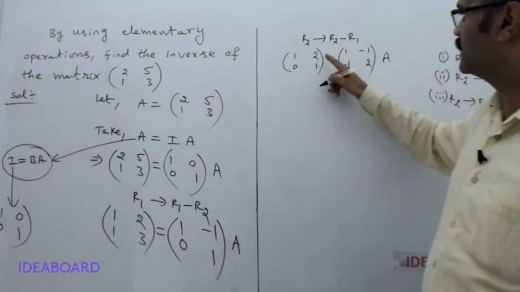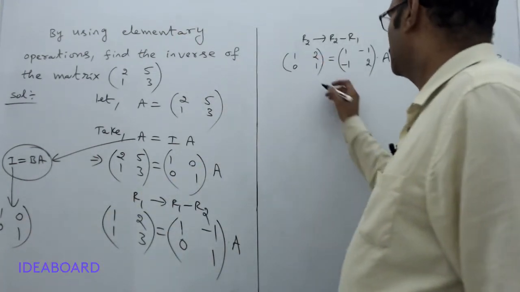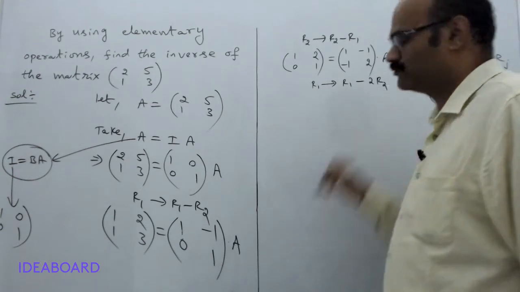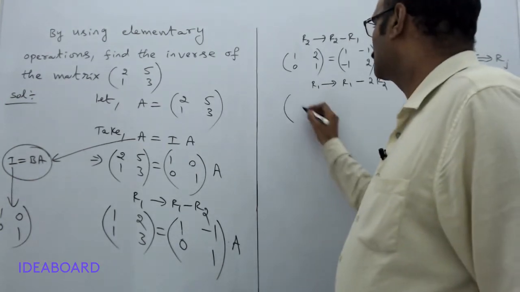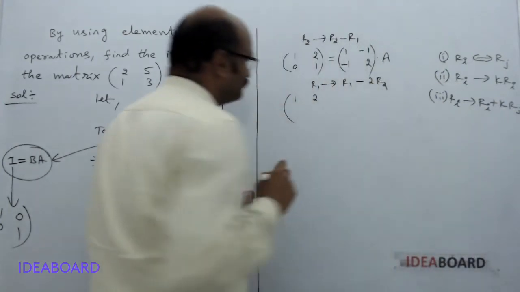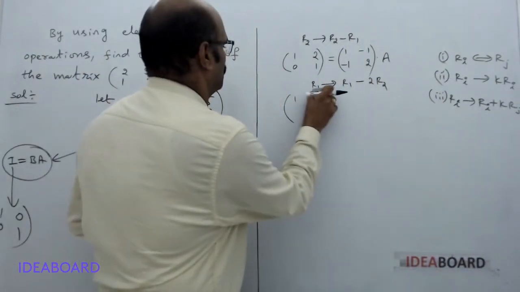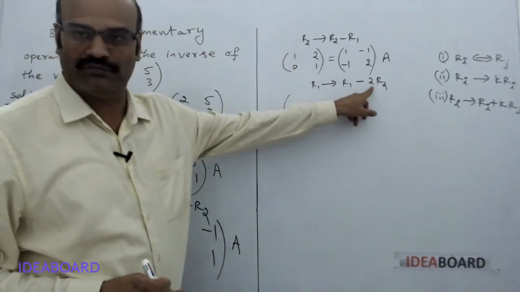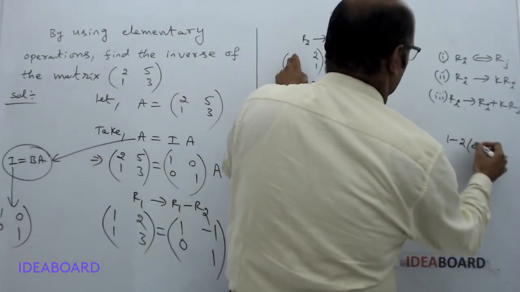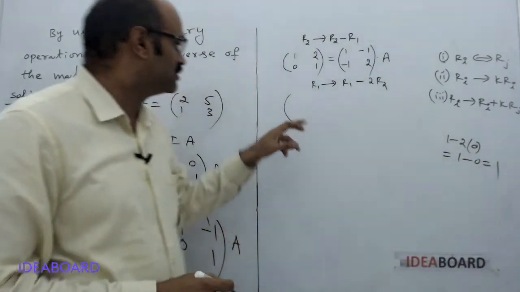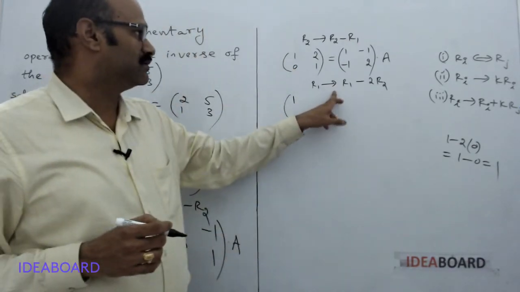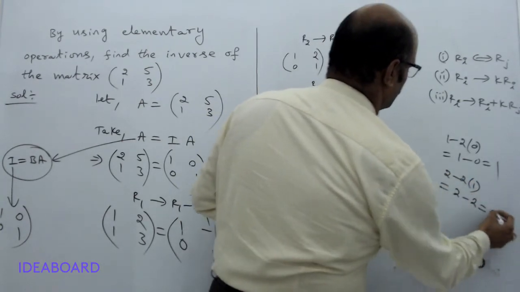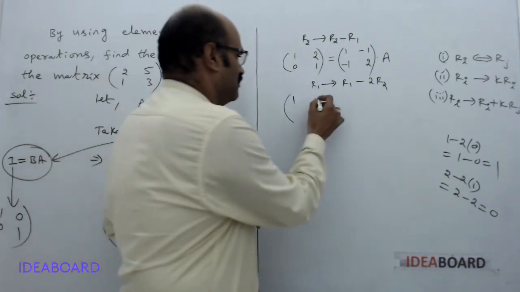So to get 0 in this place we have to take R1 implies R1 minus 2 into R2. 1 minus 2 into 0 equals 1 minus 0 equals 1. So let me write 1 here. Next 2 minus 2 into 1, 2 minus 2 equals 0. So in this place we are getting 0 here.